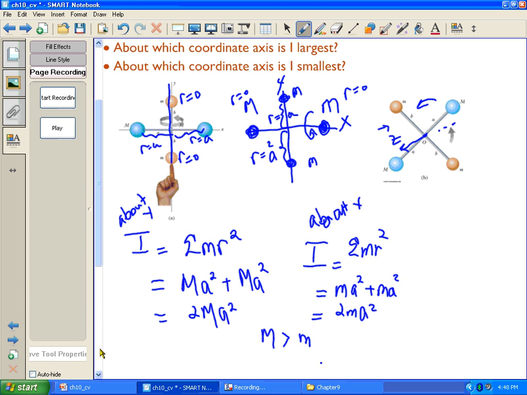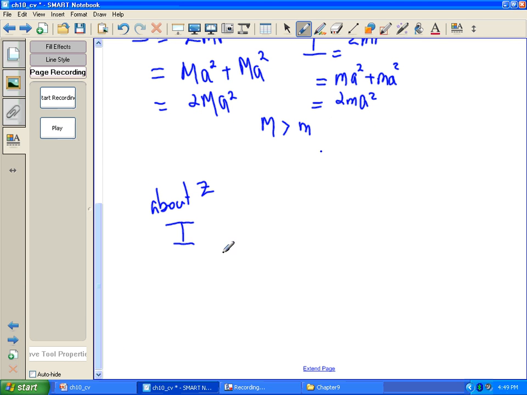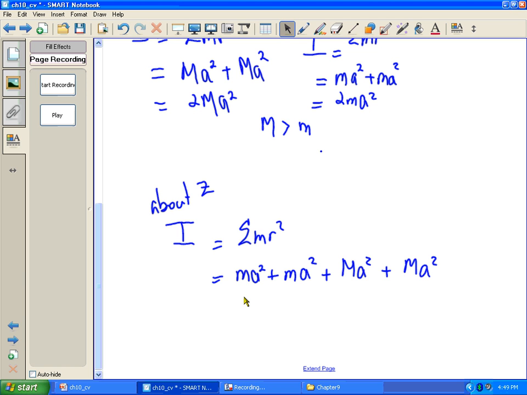Therefore, we're going to get contributions in both the small masses and the large masses. So here, m r squared, we get small m times a squared plus small m times a squared plus capital M a squared plus capital M a squared.